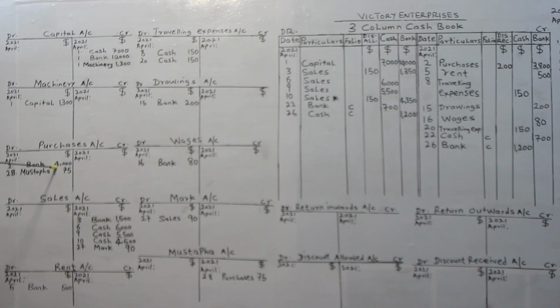Of course, the first goods that was purchased, the purchases person received the money from the bank, that is bank column of the cash book, was credited and the purchases account debited. But in this instance of $75, the purchases person was not given any cash or check. Rather, the goods came in as a result of buying the goods from Mustafa on credit.